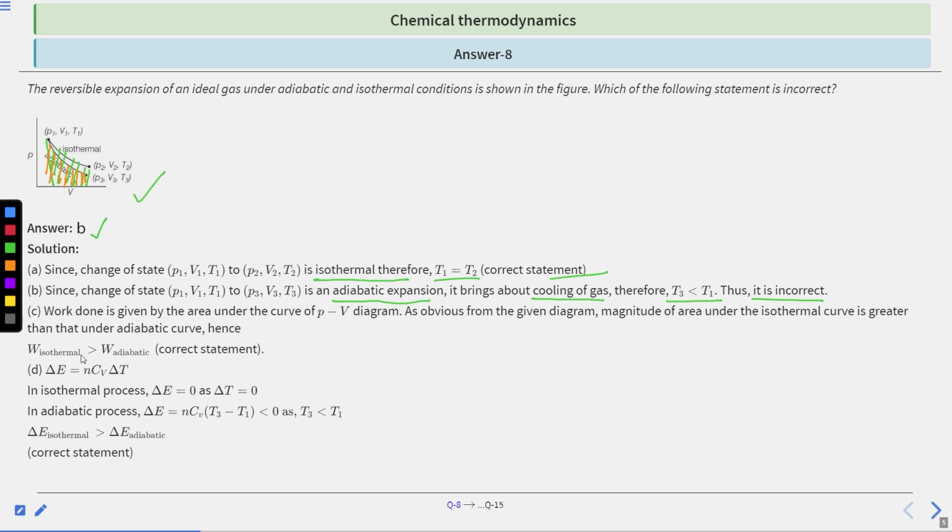So the work done for the isothermal process will be greater than the work done for the adiabatic process, as given in option C. So it is a correct statement.